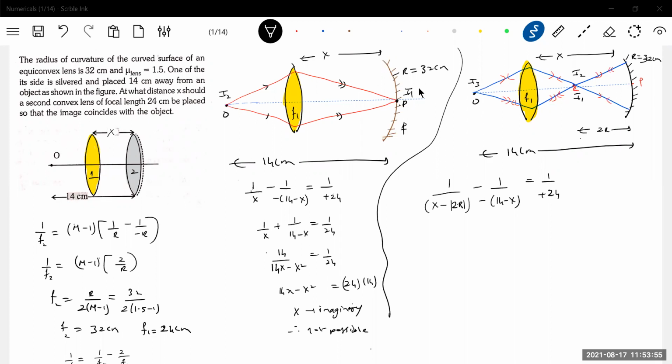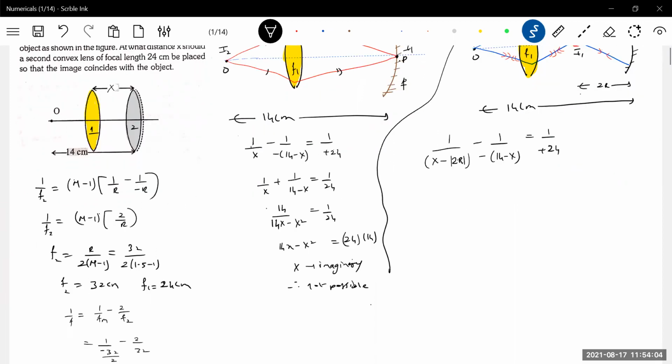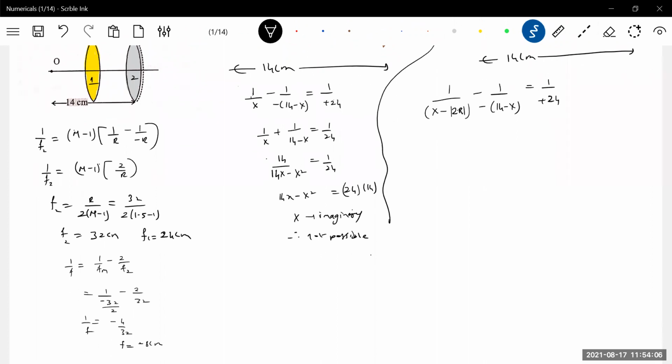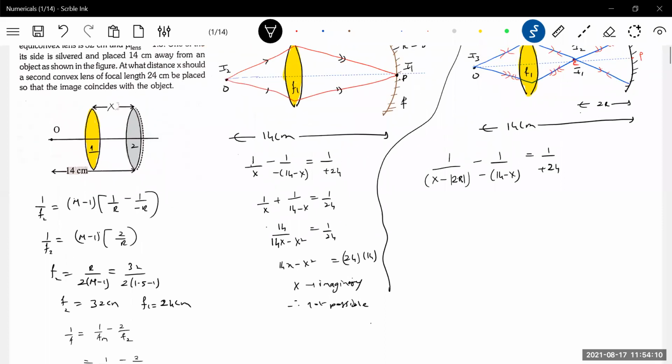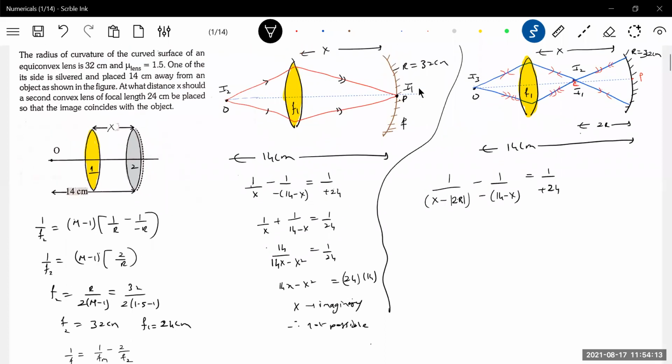Focal length, how much did we get? F equal to r by 2, no? Okay, it should be 16, no?